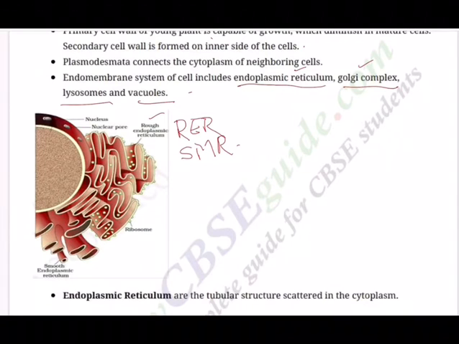And you can see the plasma membrane is getting connected to the nuclear membrane, and that forms the endoplasmic reticulum. So you have a nucleus, nuclear pore, ribosomes, and of course the one that does not have ribosomes is the smooth endoplasmic reticulum.